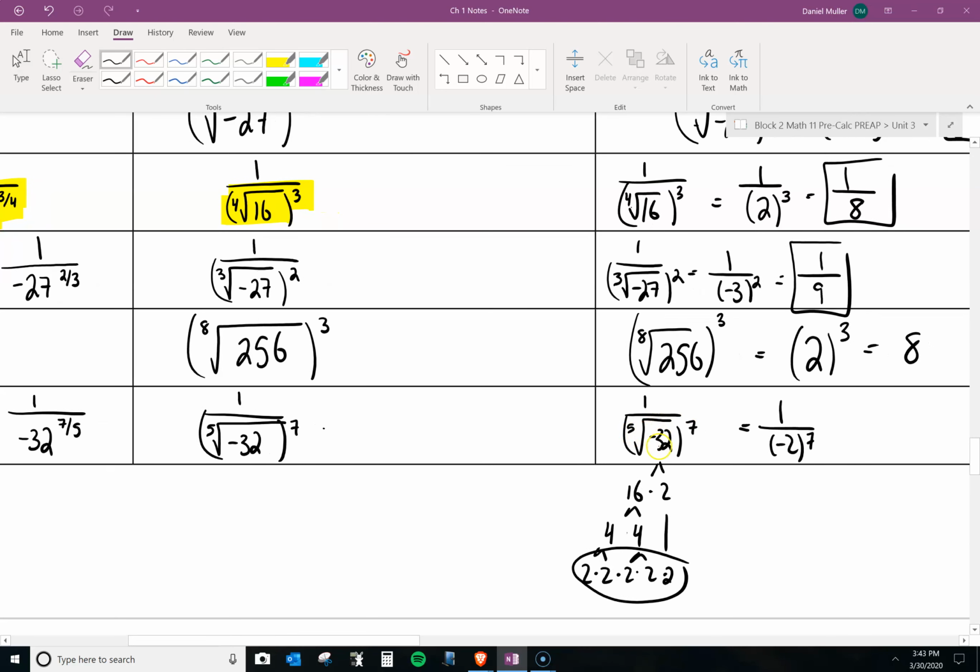So the 5th root of negative 32 is negative 2 to the power of 7. So you have to just think, what is 2 times 2 times 2 times 2 times 2? 7 times here. 1 over negative was 32, 128. And the answer is negative because there's 7 negatives, an odd number of negatives.